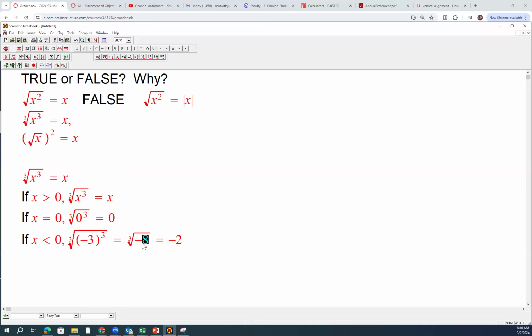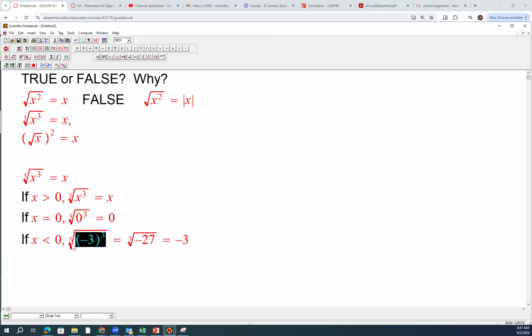So the cubic root of any number, whether it's negative, positive, 0, you take the cubic power and then you take the cubic root of it. Let me say it again.